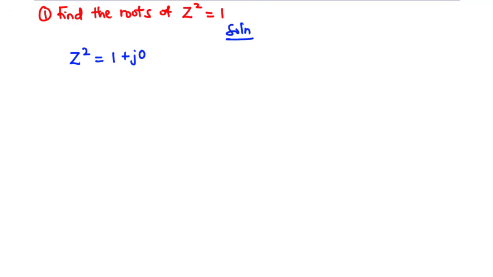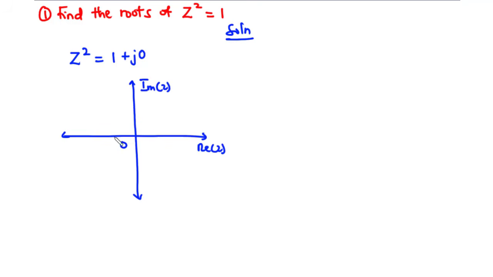So how do we obtain these 2 roots? First of all, let's represent this complex number in the Argand diagram. So we have this as the Argand diagram. We have the imaginary axis and the real axis, and O is the origin. Now we have the x component to be 1.